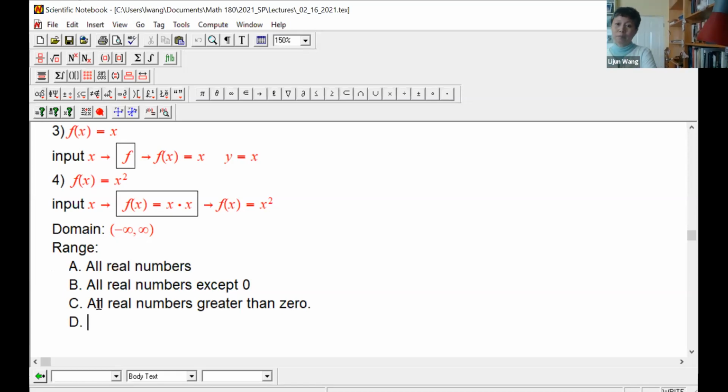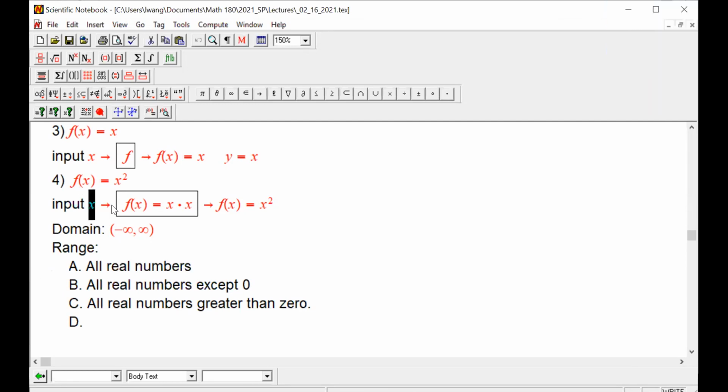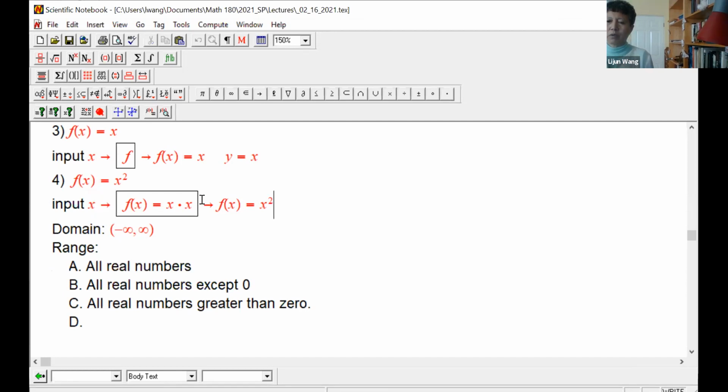None of this is right. What is the consequence of applying this rule to all the numbers you can think of, including 0, including negative numbers, including positive numbers? Think about it. They'll always be positive.